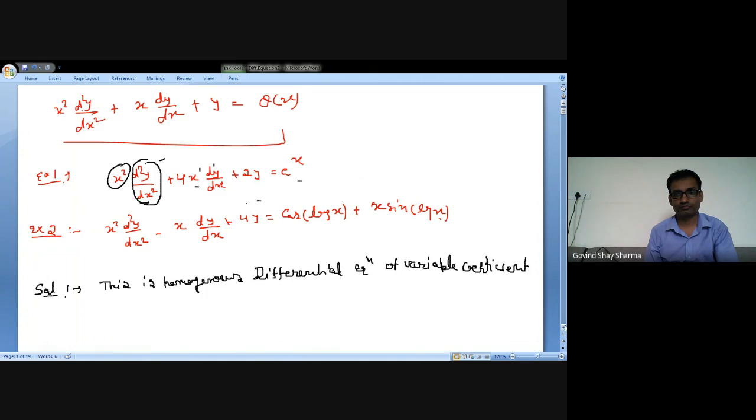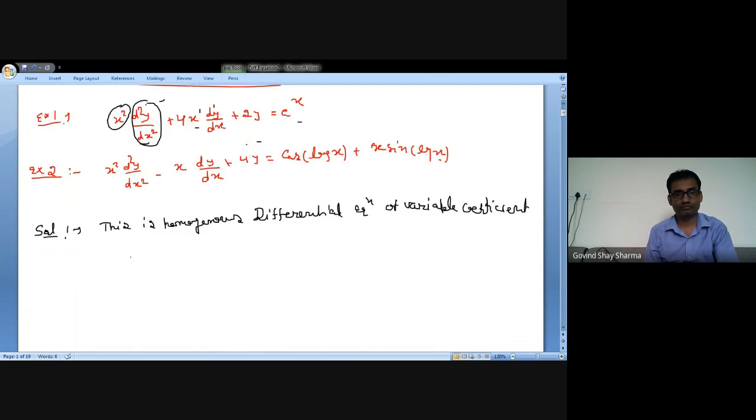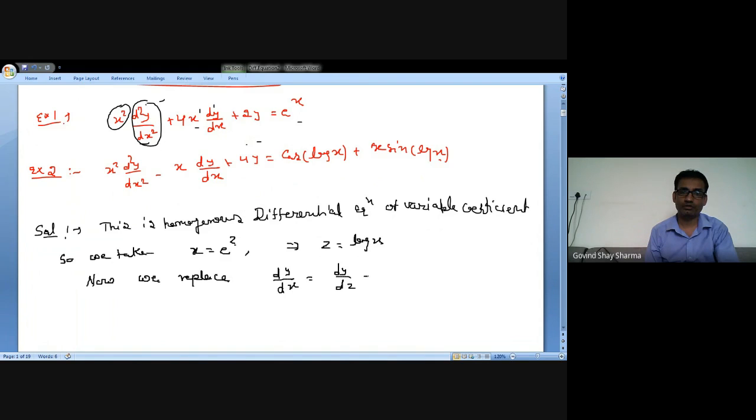So we take x equals e to the power z, which implies z equals log x. Now we replace x dy/dx with dy/dz, and x squared d2y/dx2 with D(D minus 1), to change the equation.